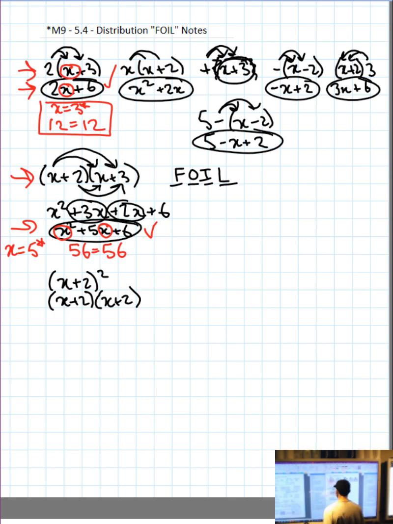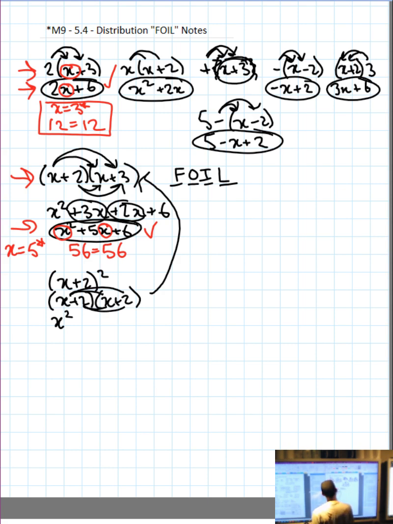Then we're going to FOIL it out. So first to the first, first to the last. Inside to the inside, inside to the last. The same arrows as we just did above. If you like to skip lines, so all the arrows are perfect, do it, but here, okay? So we get x squared.